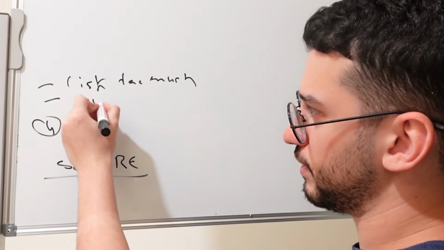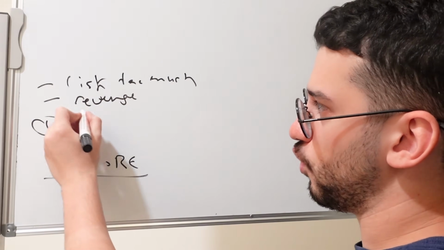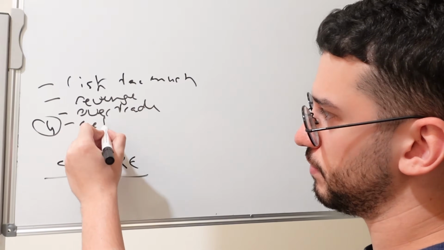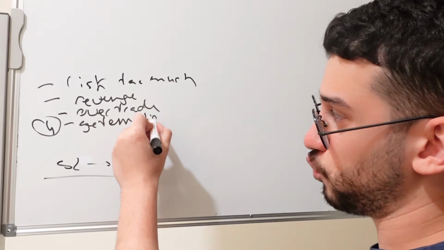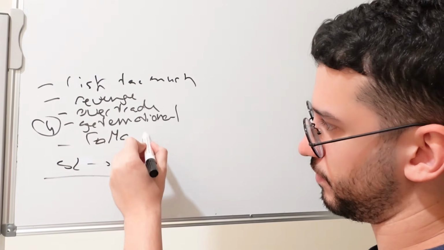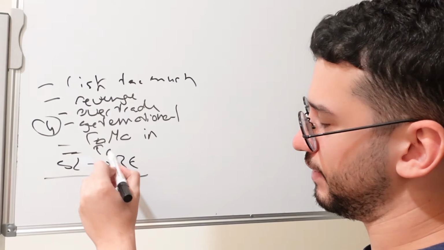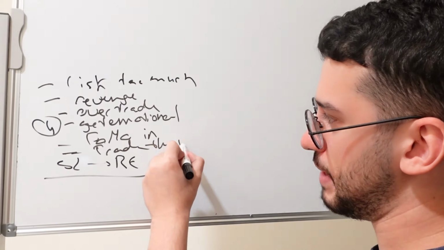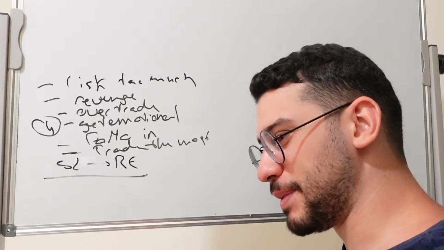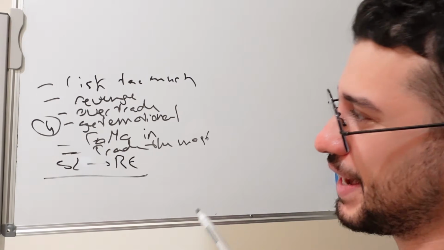I revenge trade. I overtrade. I get emotional. I get really angry and frustrated. I FOMO into trades. I trade the most high impact news for the most profits, and therefore my stop loss could be skipped and I could lose the majority of my account.